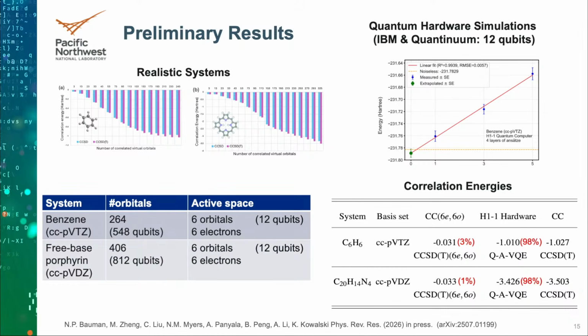On H1, on Quantinuum hardware, we're able to reproduce results using effective Hamiltonians for this 6 active orbital space. We're able, in both cases, to recover 98% of the correlation energy compared to the CCSD(T) results, right? If you use, for the same system, the bare Hamiltonian in the same active spaces, you end up with 3% and 1% respectively. So this is a good motivation for us to move on in that direction.